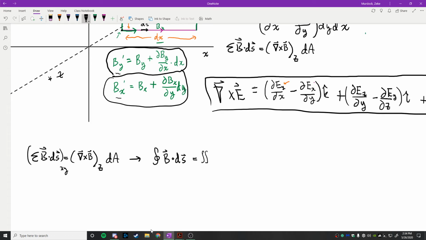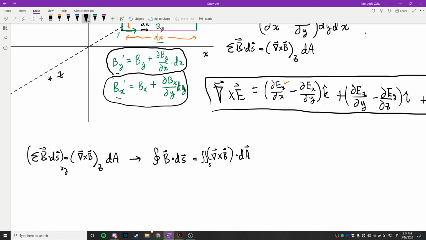double integral, which is going to be a surface integral of the curl of the magnetic field, not just the z component now, but everything. And then we have to take that vector that we get out of that, and we have to dot product it with dA.